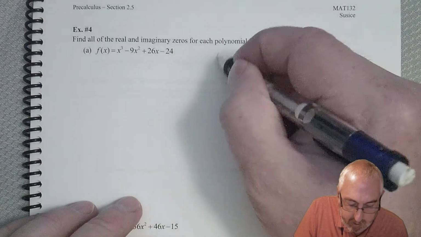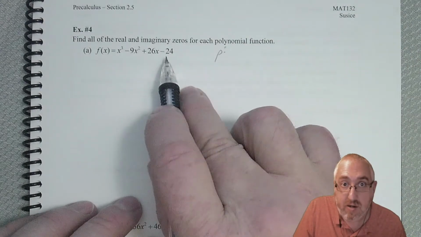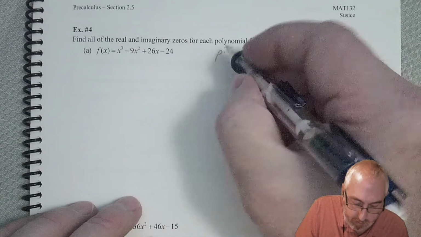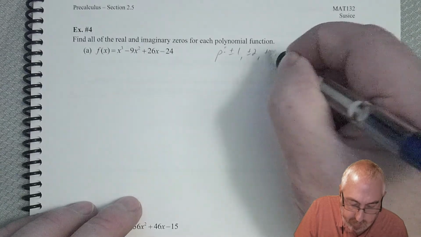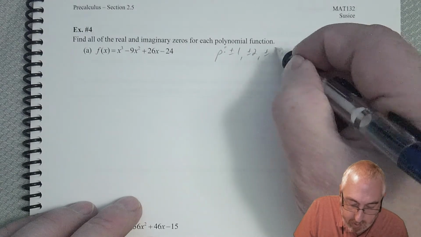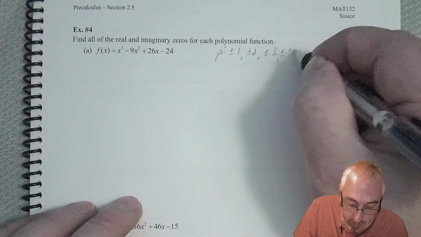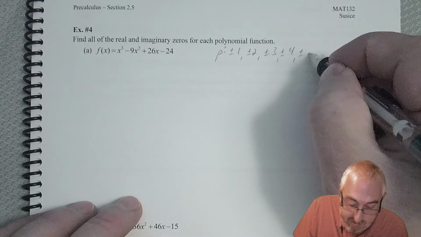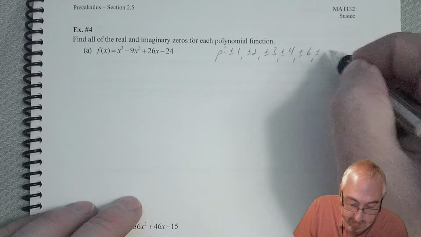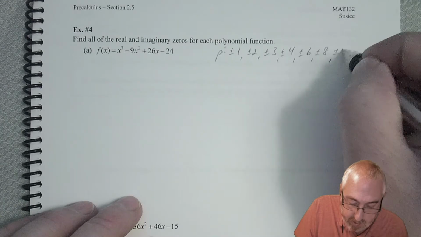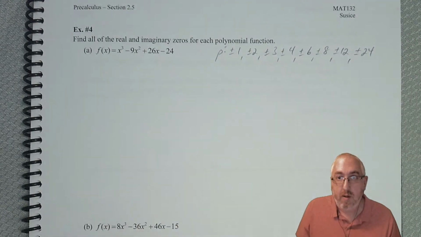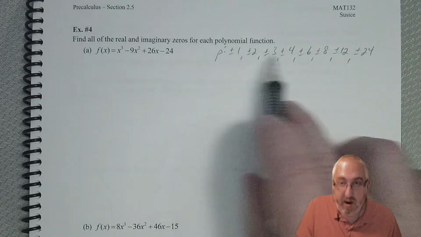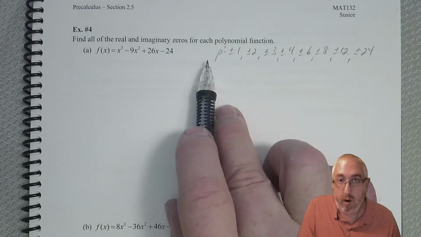So remember, P is going to be factors of the constant. So plus or minus 1, plus or minus 2, plus or minus 3, plus or minus 4, plus or minus 6, plus or minus 8, plus or minus 12, and plus or minus 24. So again, all of these numbers divide evenly into 24.